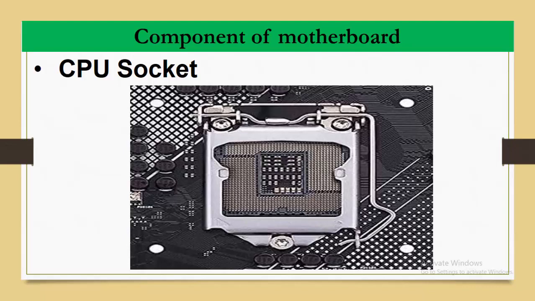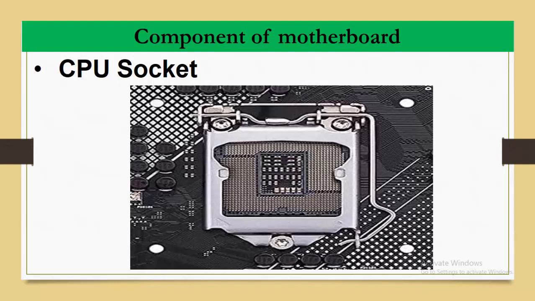A CPU socket comprises several hundred pins that get in direct contact with the processor chip. Also, a socket may have several hundred holes, as in the case of LGA or AMD AM4 sockets.